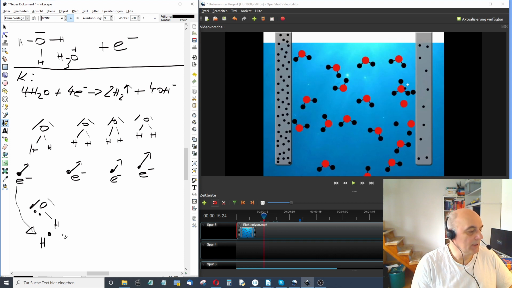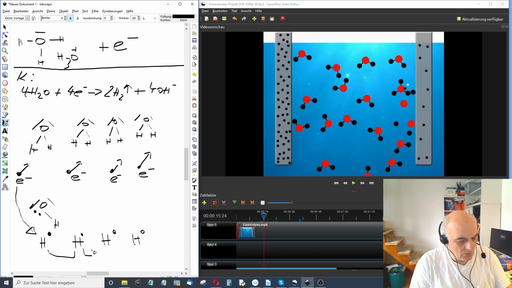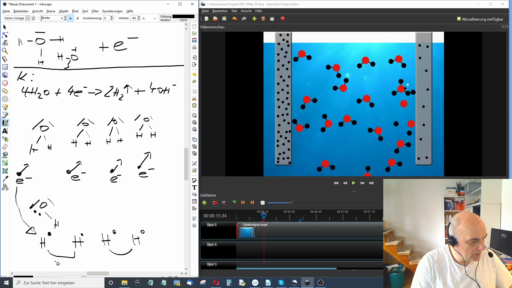That's why it's now negative, why it's an ion. And this happens 4 times. And because this happens 4 times, the 2 H atoms are recombining to an H2 molecule.